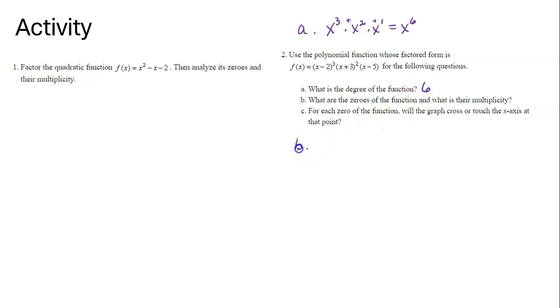Okay. B says, what are the zeros of this function and what are their multiplicity? This is not fun, just so you know. So I know that this could be equal to 0, or this could be equal to 0, or this could be equal to 0. So I'm going to solve. Equals 2. I'm going to solve here.